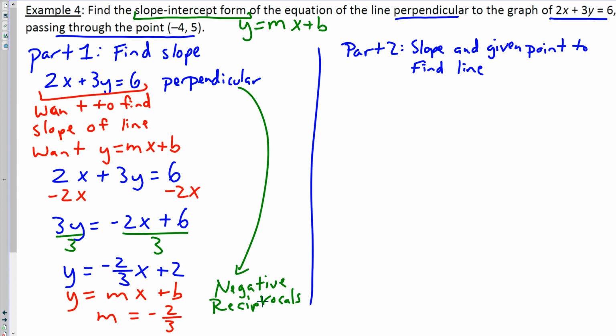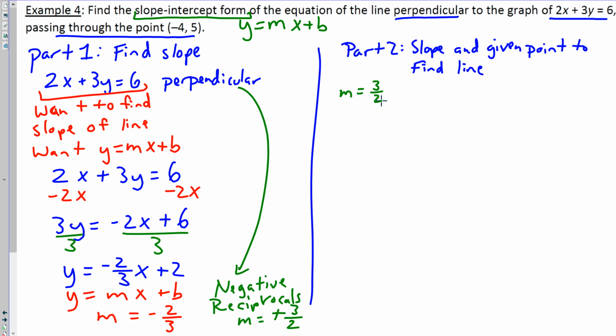The negative piece means we change signs. It's currently negative, and negating a negative makes it positive, right? So we change the sign. And then reciprocal means we flip our fraction. Right now it's 2 divided by 3. I'm going to flip that so the 3 is on top and 2 is on bottom. So the perpendicular slope that we need is actually 3 divided by 2.